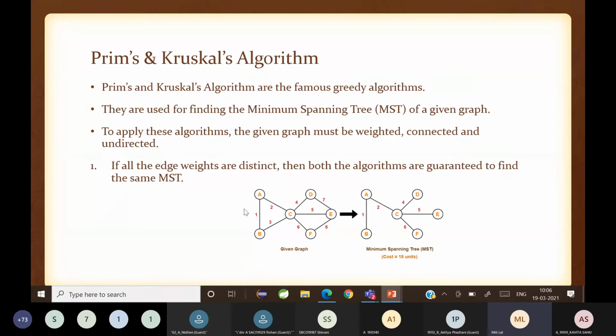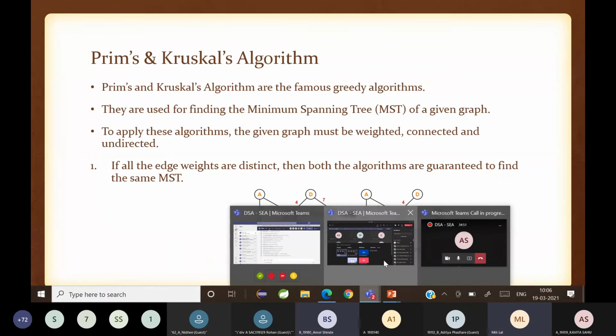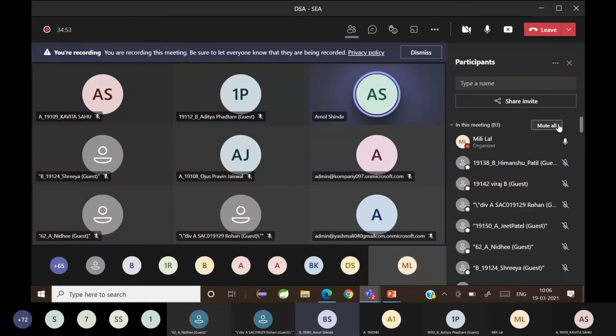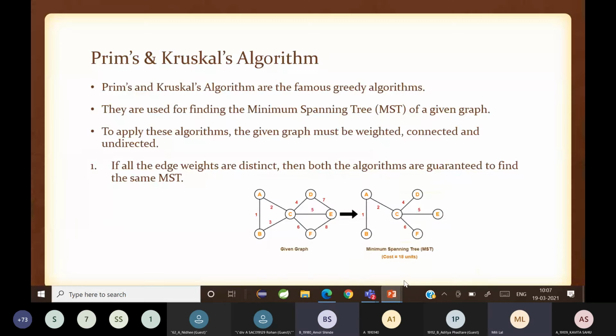Now for this graph, if you use Kruskal's method or Prim's method, you're going to get the same graph. Is it clear to all?